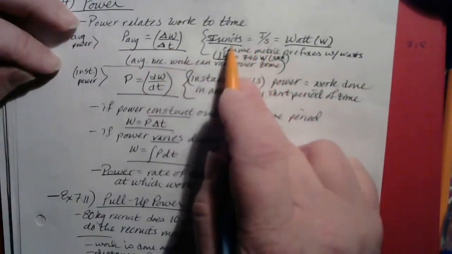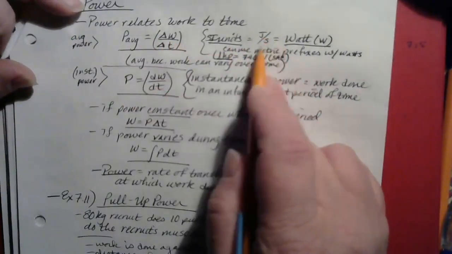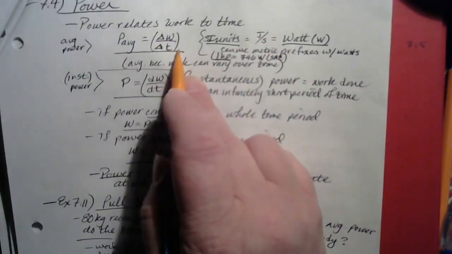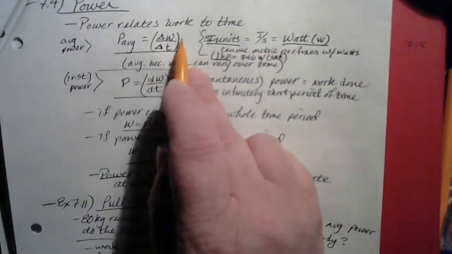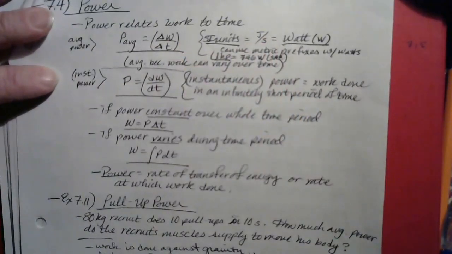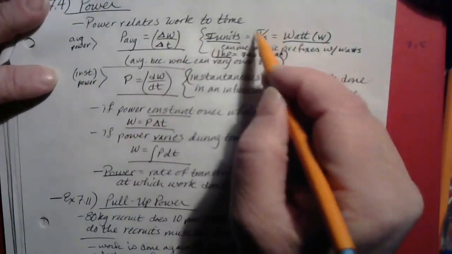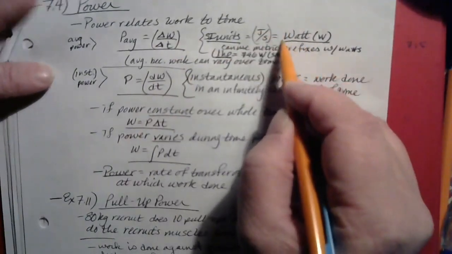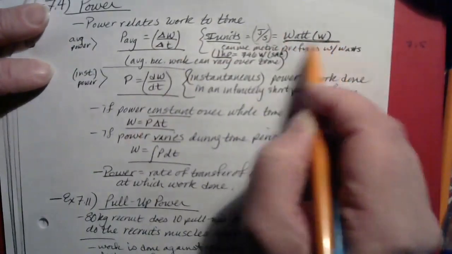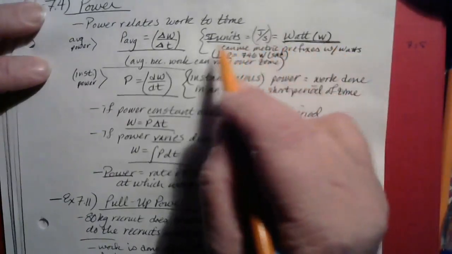And the SI unit for power would be joules per second, because the SI unit for work is joules and the SI unit for time is seconds. That SI unit is actually given the name watts after James Watt, the Scottish engineer who is widely credited with inventing the steam engine.